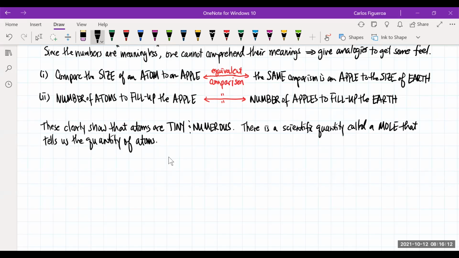And the number associated with the mole is called Avogadro's number.